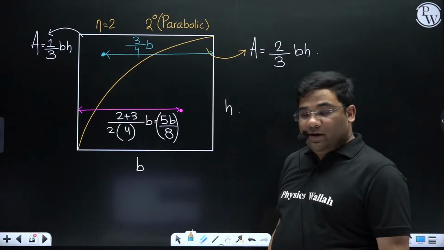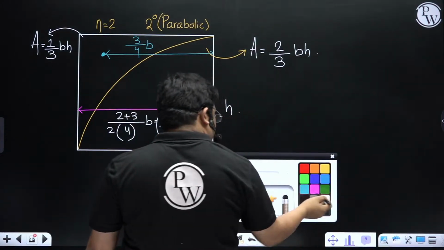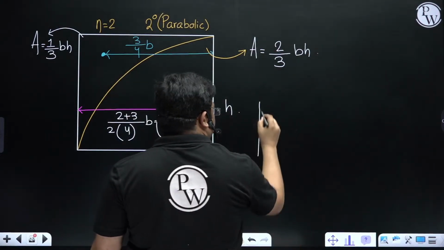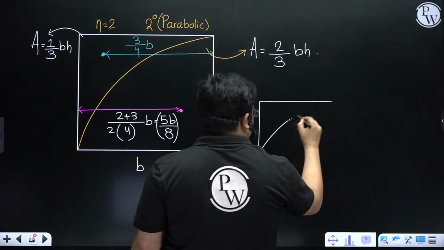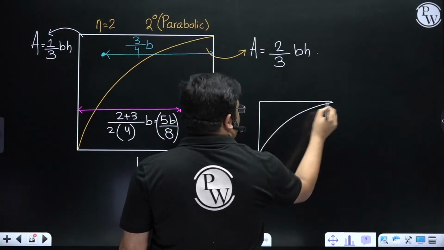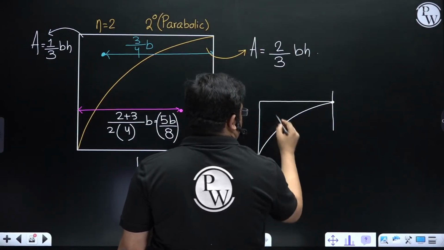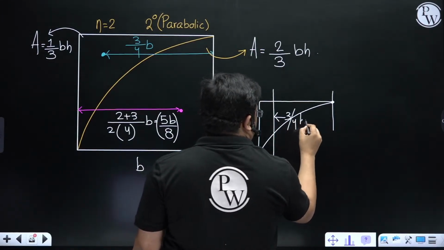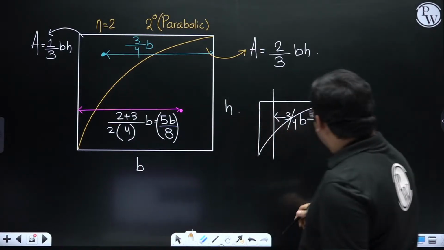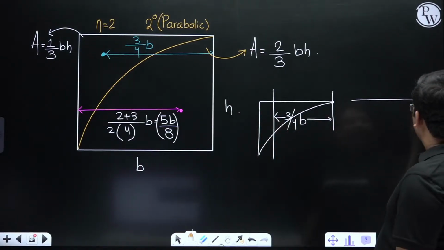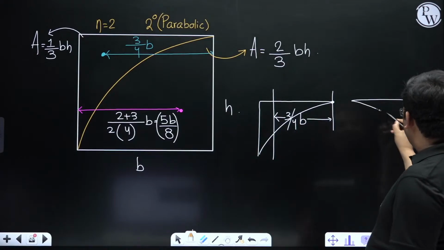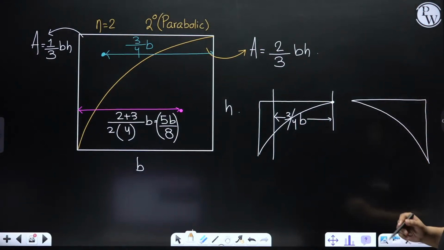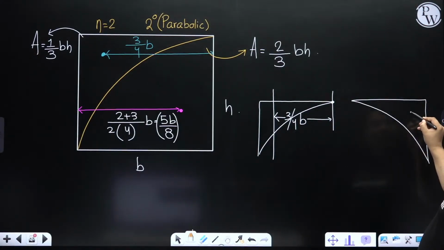Now, if you see, this area is like this, and I'm telling that from this end it is 3 by 4 B. Our bending diagram is like this, so the centroid will be here.